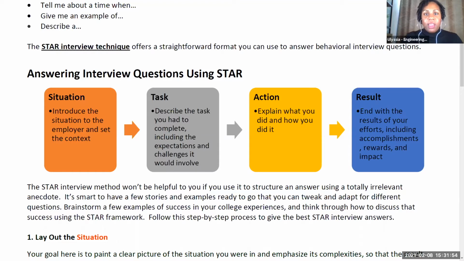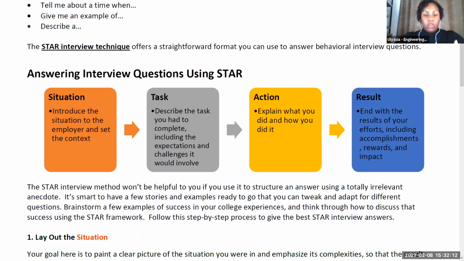Another question, if I lack a good story to a specific question, what are the options I have left? First and foremost, you can prepare in a way that minimizes the likelihood that you won't have anything to say. Okay?